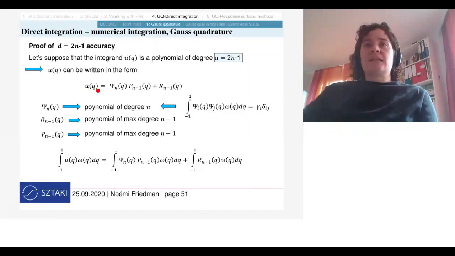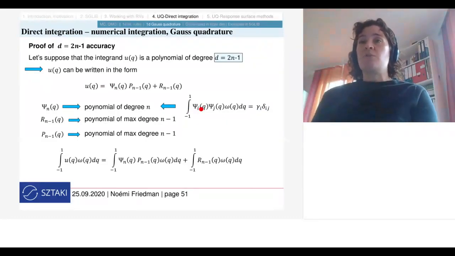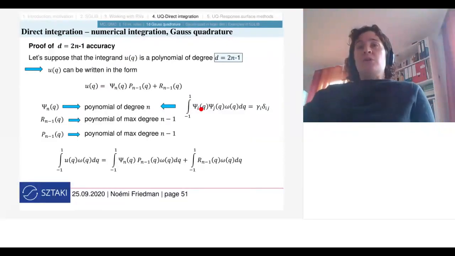If this is the case, I can write this u of q in this form here, where the psi function is an n degree polynomial, where I have a set of basis functions, psi i, that fulfill an orthogonality condition. So these are orthogonal polynomials. I will talk about orthogonal polynomials later on because we will use them for the response surface methods, but you use them also for the integration rule.